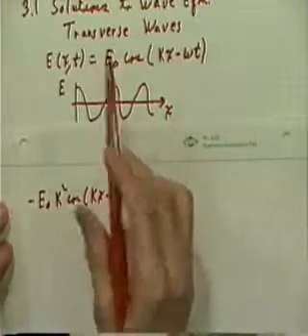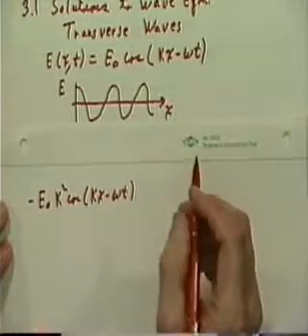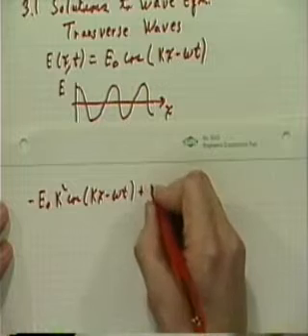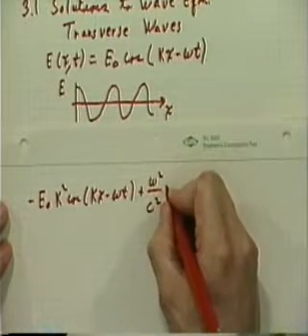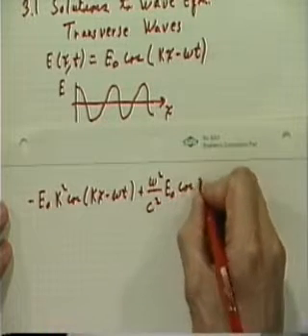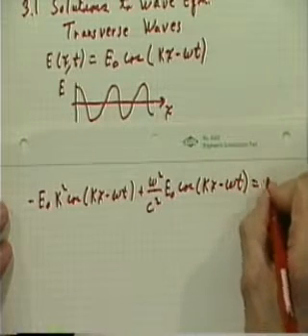And then we need to take minus 1 over c squared, the second derivative with respect to t. And so that's going to give me a plus omega squared over c squared E naught cosine kx minus omega t equals 0.